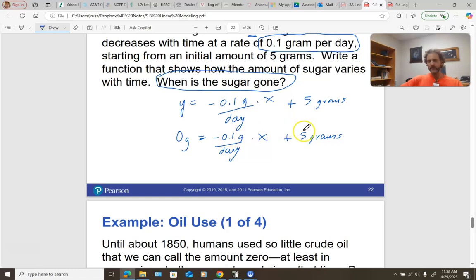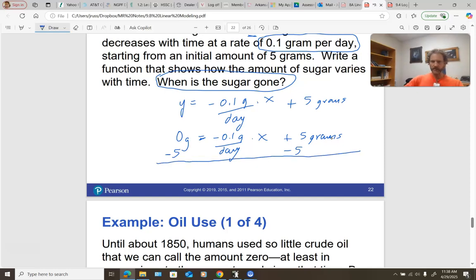And so you need to eliminate the 5 on the right-hand side. And so you're basically doing the opposite. So instead of adding 5 grams, you're going to subtract 5 grams. So if you remember any of your algebra, whatever you do to one side of an equation, you need to do it to the other side.